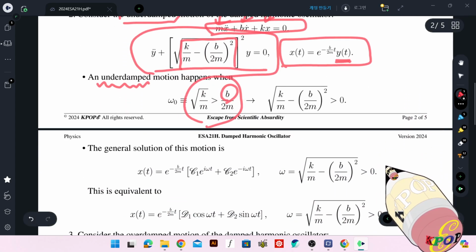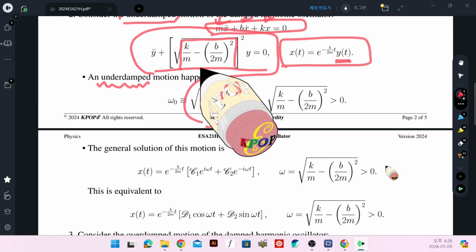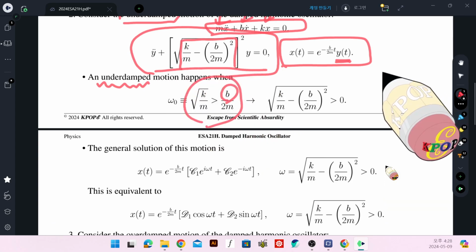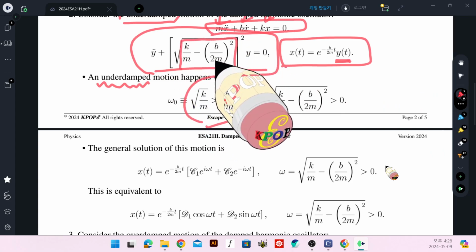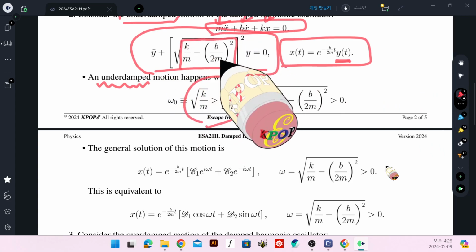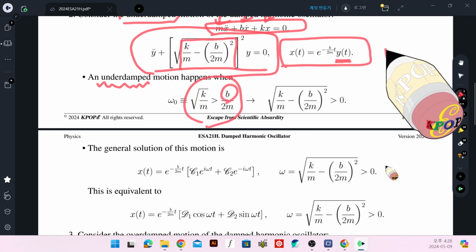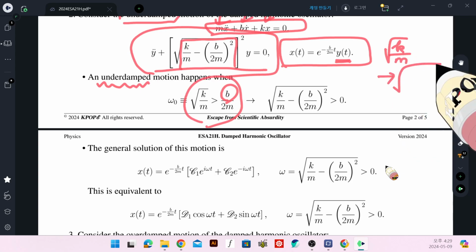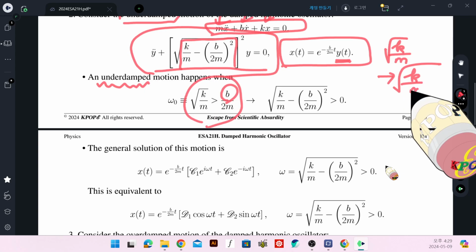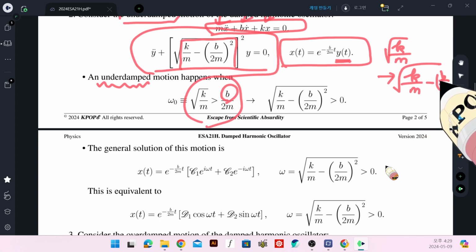All right, we remember the solution of this equation, because this is a positive number, is the same as a simple harmonic oscillator, except that this is replaced with k over m subtracted by b over 2m squared.